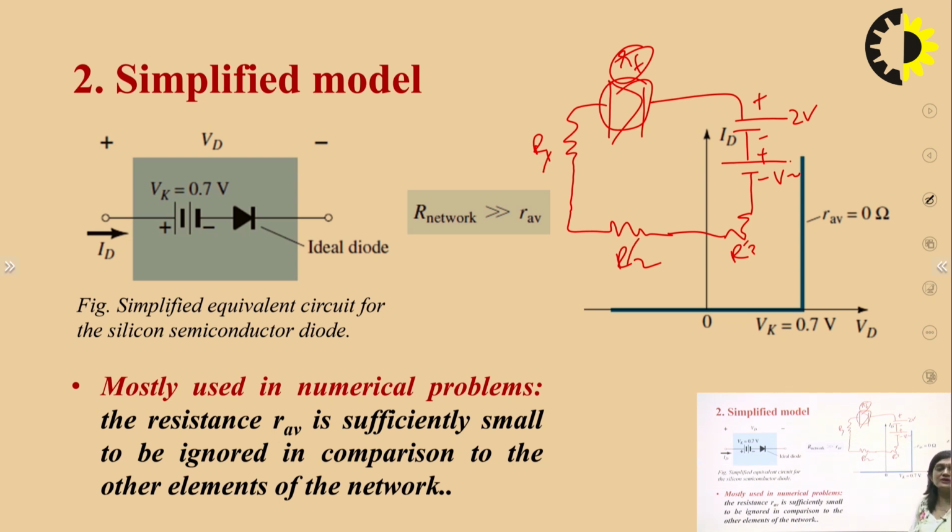These form a resistance network, and if this network is very high in comparison to the resistance of the diode, we can ignore the resistance of the diode.